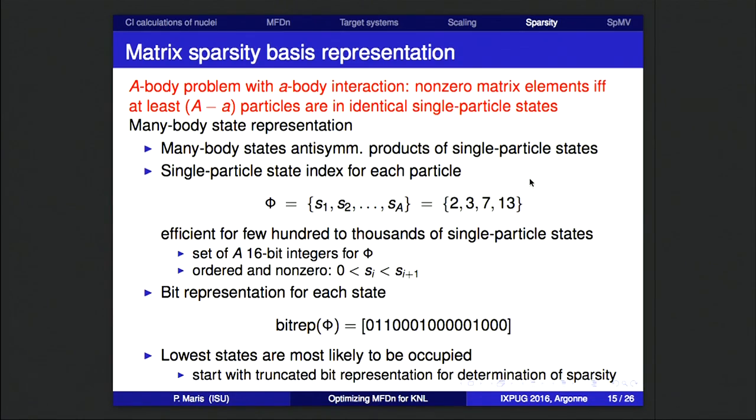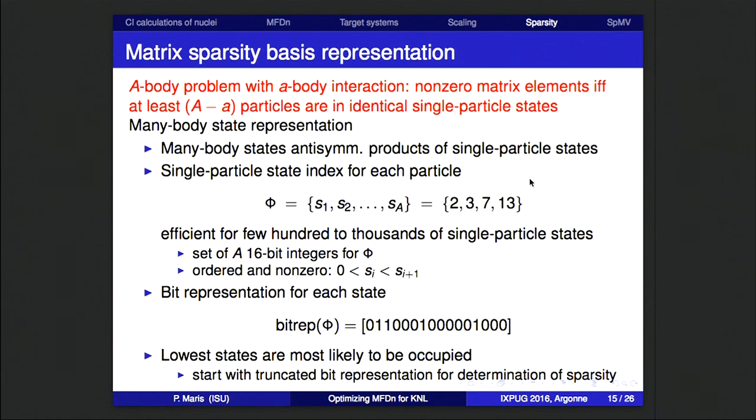Because these are antisymmetric products of single particle states, as fermions obey antisymmetric statistics, you can set this up so that the list is an ordered array where the next integer is always larger than the previous one. You never have repeated labels, and it's always bigger than 0. The size of the problem that we look at is typically a few hundred to a few thousand single particle states, so we use 16-bit integers to represent this.